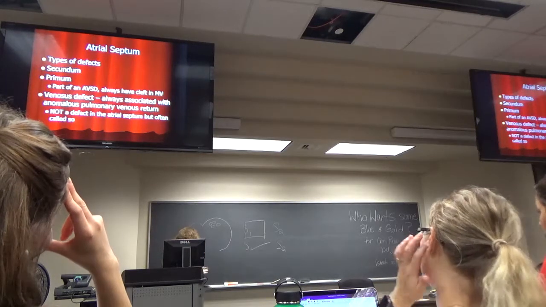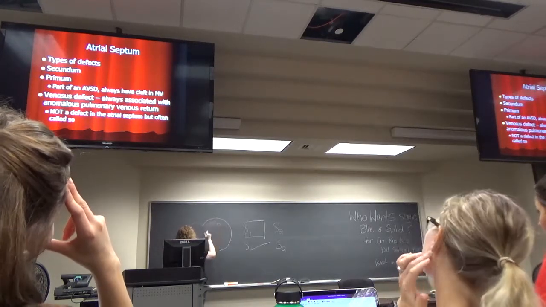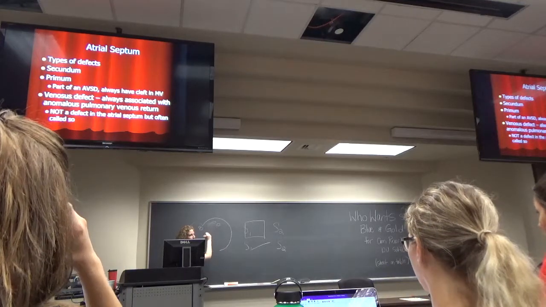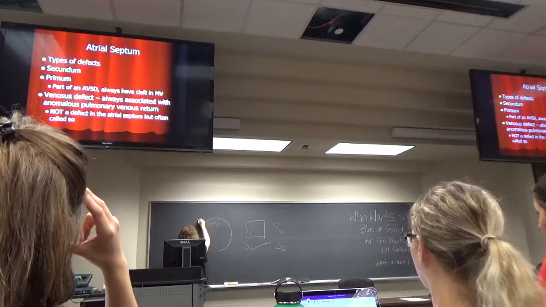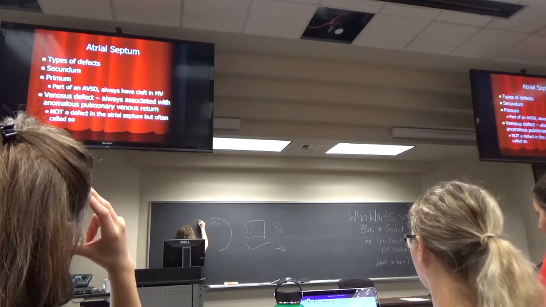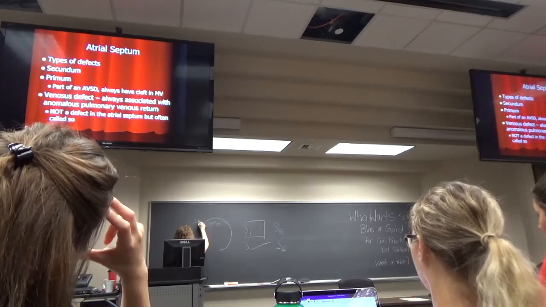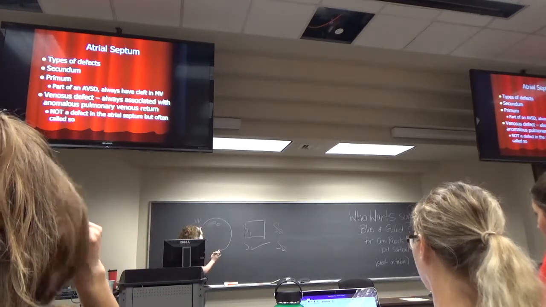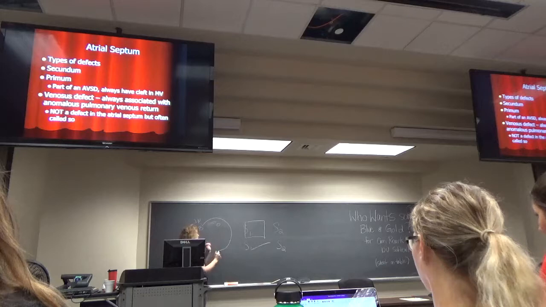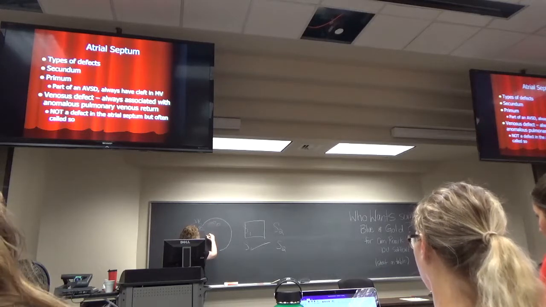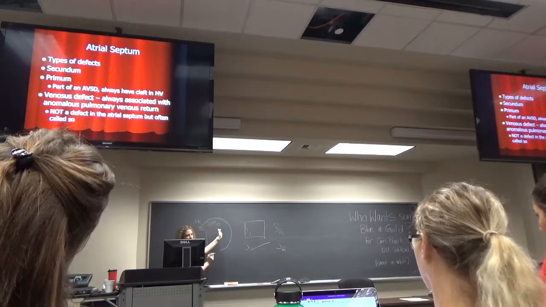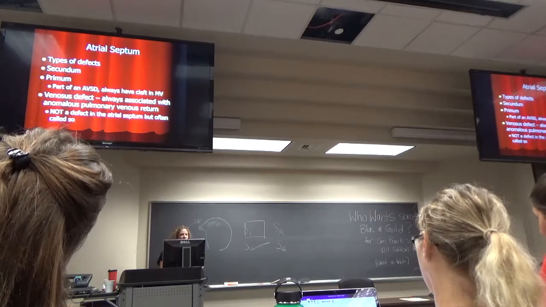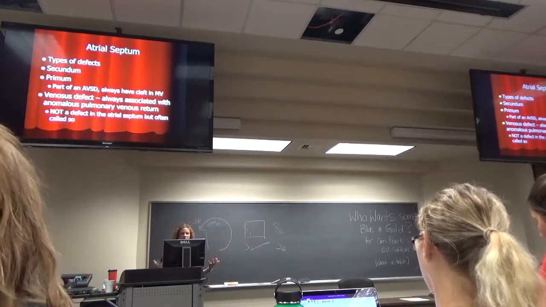Sometimes 2 of them decide to come in the wrong place, onto your SVC, where your SVC usually drains. The body is smart and realizes that pulmonary venous flow needs to get to the left atrium, so you usually get a dropout that allows that blood to go through, and that's usually associated with what we call partial anomalous pulmonary venous return.